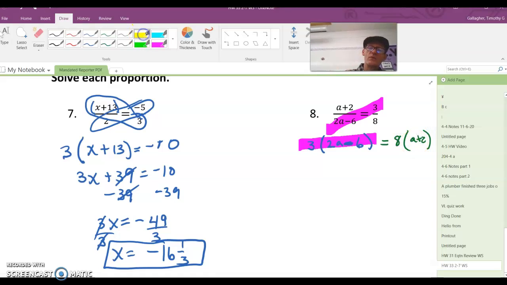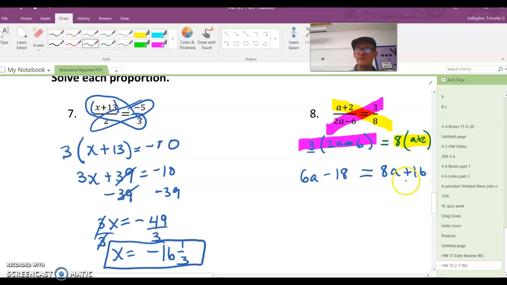And that's what we get when we multiply these two. Okay? So now we're going to solve this equation by distributing both the 3 and the 8. So 6a minus 18 on the left, 8a plus 16 on the right.